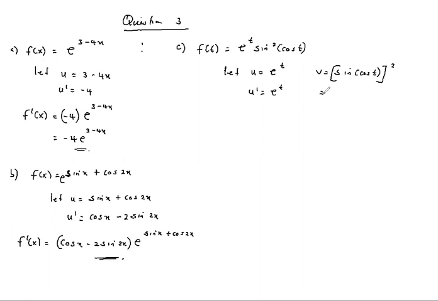So first we drop the 2 when looking for v prime. We drop the 2, we remain with the sine cos t multiplied by, we differentiate sine, so we get cos t, and then multiplied by, we differentiate cos, so we get negative sine t.